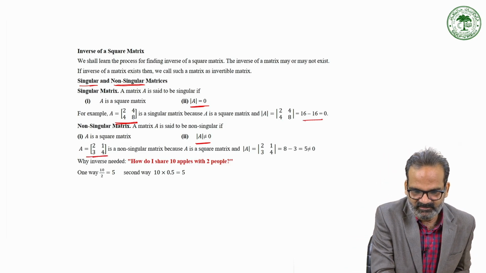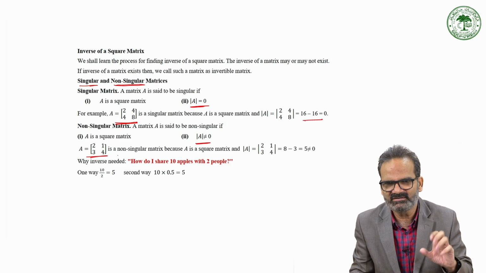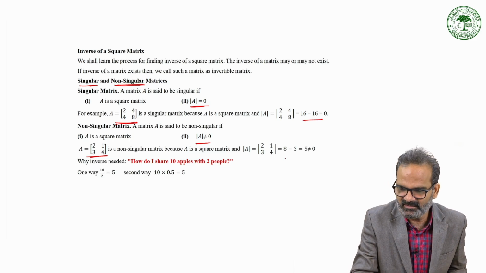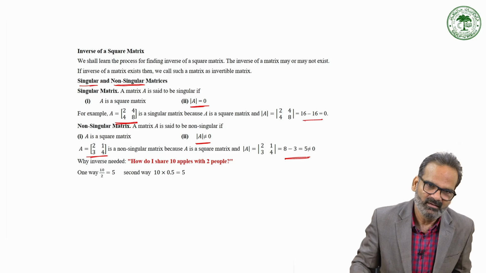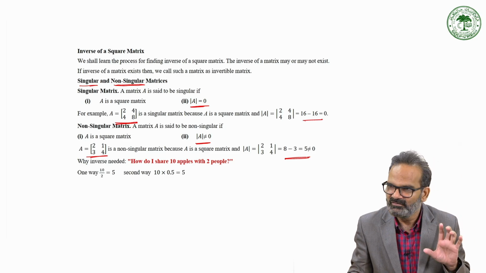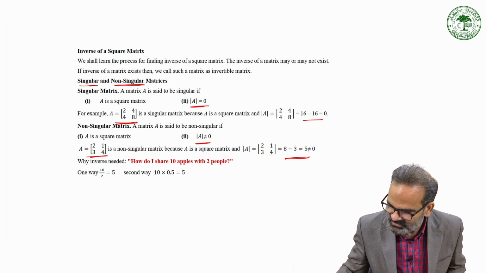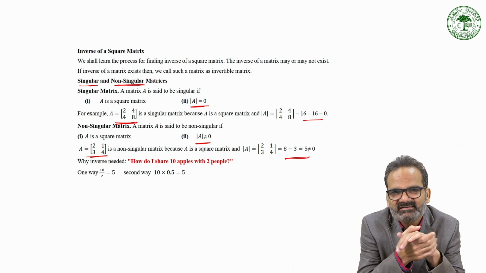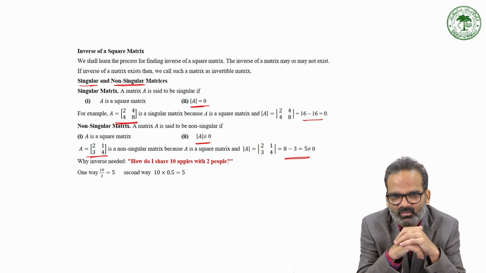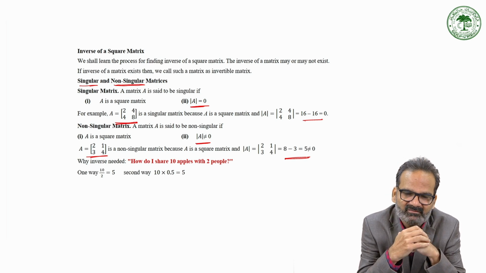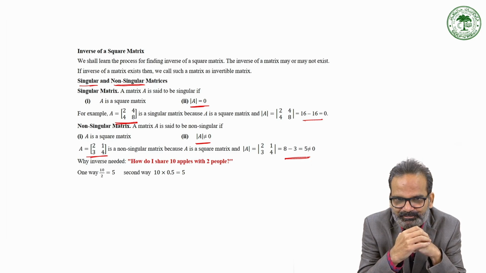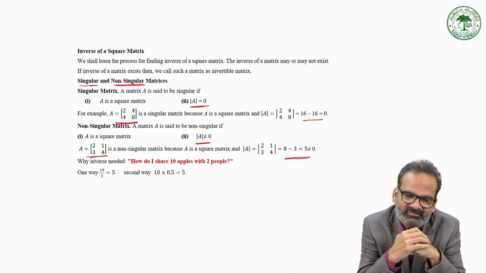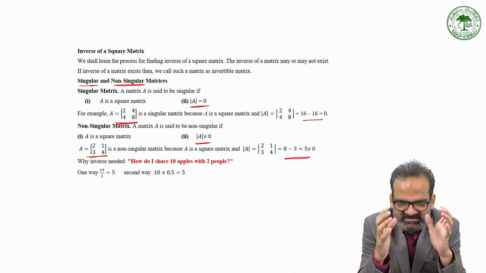For this matrix, its determinant comes out to be 5, which is not equal to 0. Therefore, the given matrix is non-singular. So these two varieties of matrices will play a very prominent role in finding the inverse of any given square matrix, right?